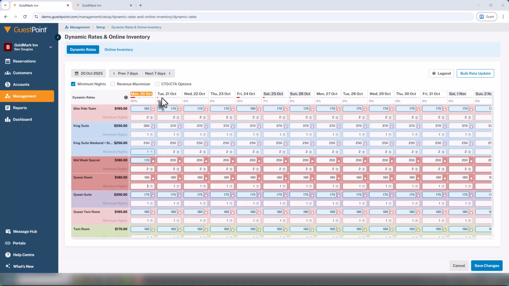One important aspect of setting restrictions like a 2-night minimum is that if you set it and then don't closely monitor it, you might be turning away bookings, or you might put restrictions in place that are too strong. For example, on a Saturday night, we've put a 2-night stay minimum because we're really trying to push guests to book Sunday night as well.